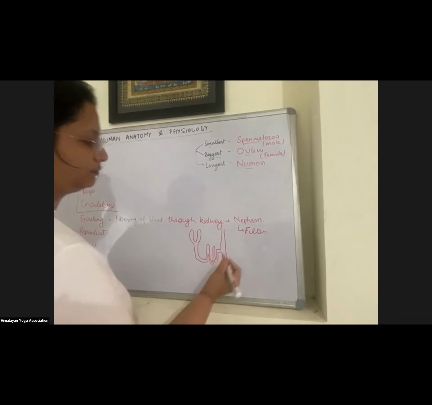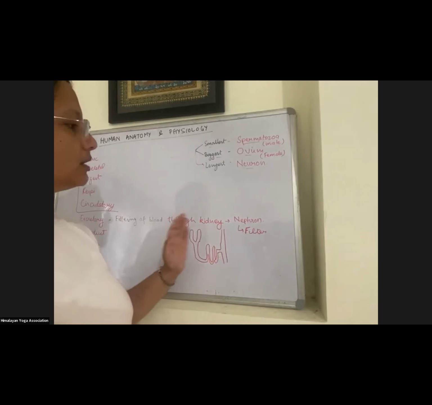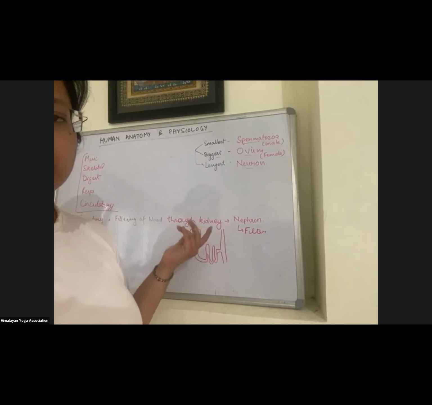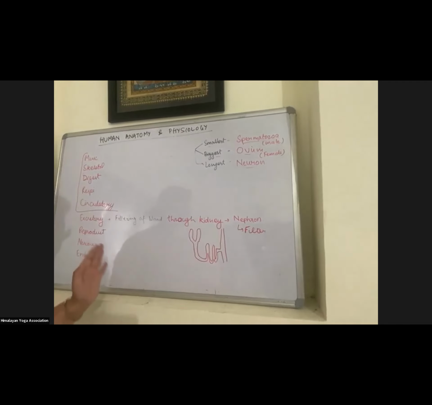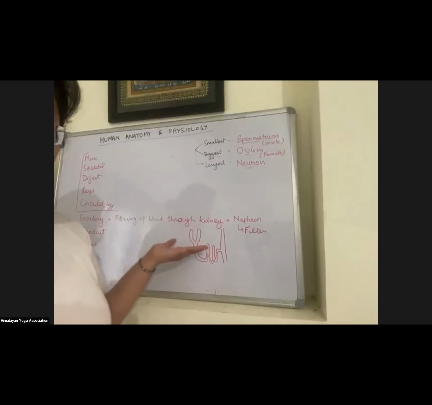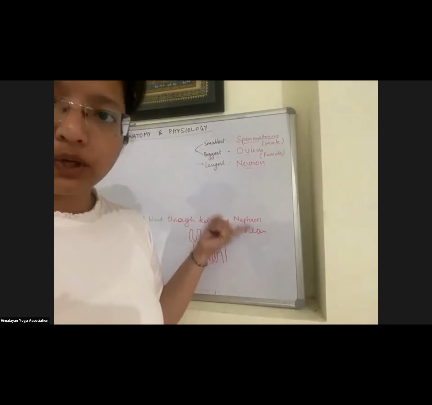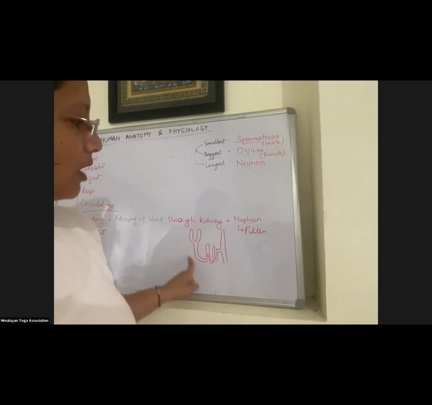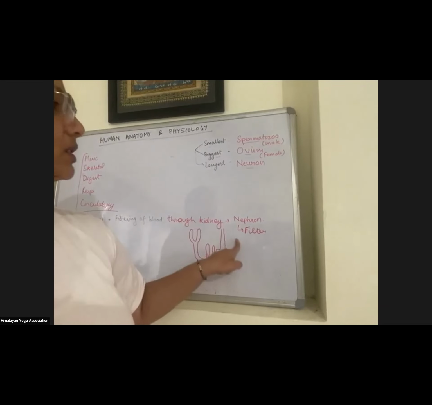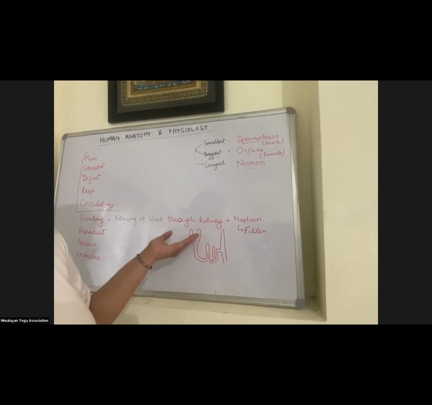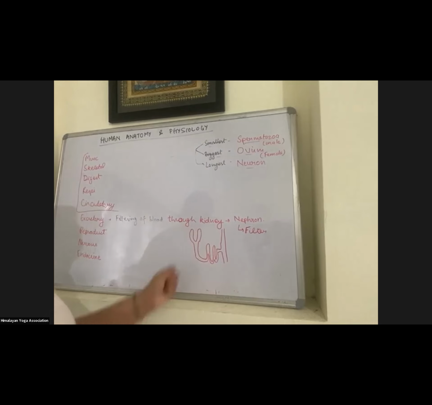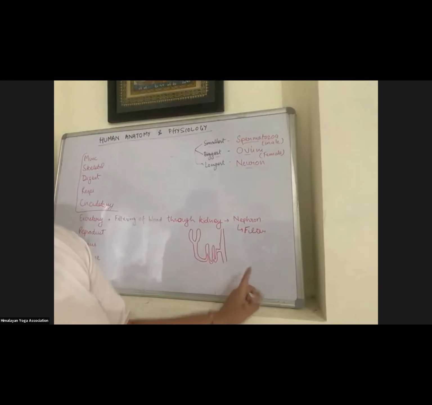Here, all the unwanted waste material is filtered, and it comes out through urine. That is the excretory system. Now, am I clear? The excretory system is composed of the kidneys, in which we have the nephron as the filtering unit, and this is how it looks. Here the nephron is receiving blood vessels. From the blood vessels, all the waste material is extracted and sent out of the body through urine.